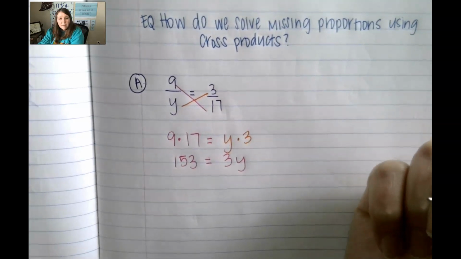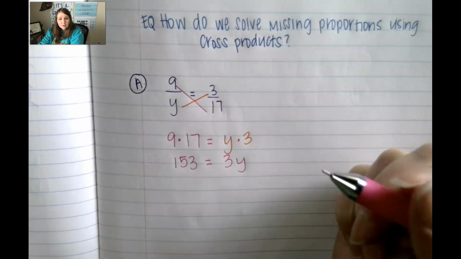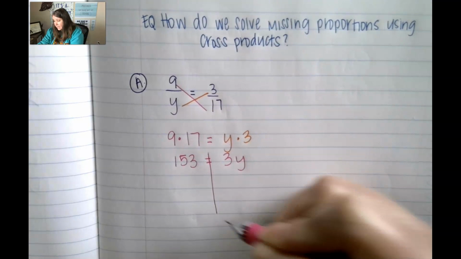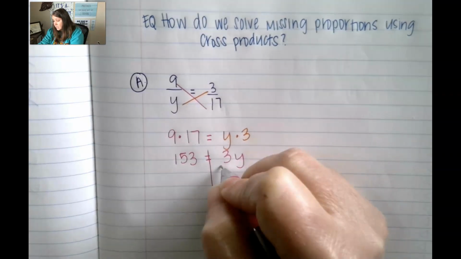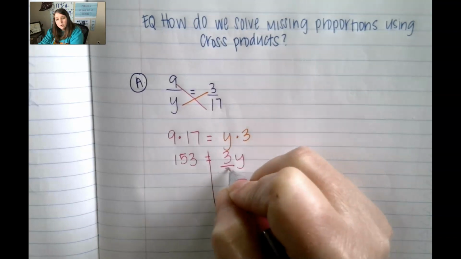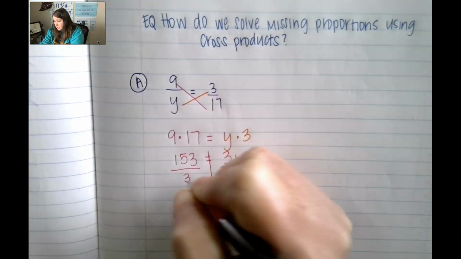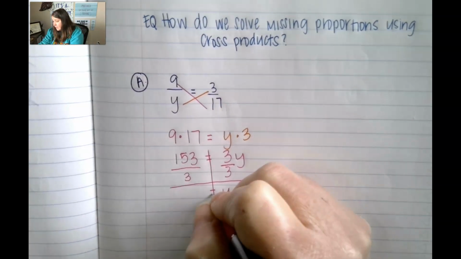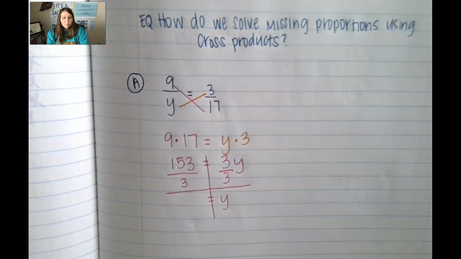Now we are back to the start of the school year when we were isolating the variable. So we're going to draw the balance line, and right now it's multiplication, so we're going to undo multiplication with division, and undo with division. This tells us now that y equals 153 divided by 3.